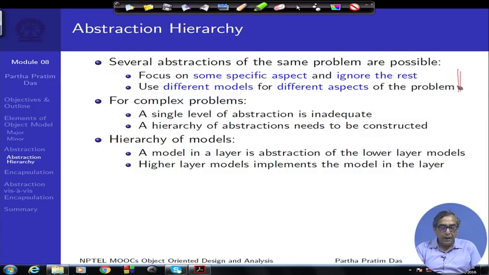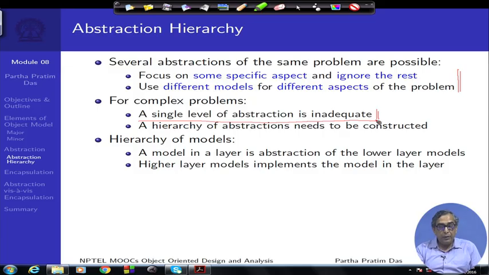Now, when the problem actually is complex, which is the typical target system that we are looking for, then a single level of abstraction is inadequate. This is a key point that you will have to remember: if you take the whole system and create a set of key abstractions for it, you will often find that it is extremely complex.